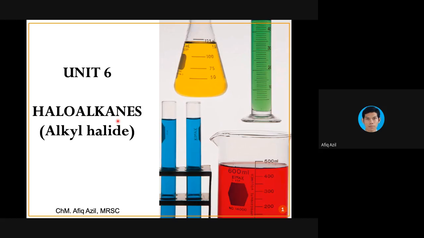Alkanes, like what you have learned in topic 3, are aliphatic hydrocarbons like CH4, but now you are replacing one or a few of the hydrogens with halo. This halo is actually the halogen group. Halogen, as you learned last semester, is from the periodic table, group 17.